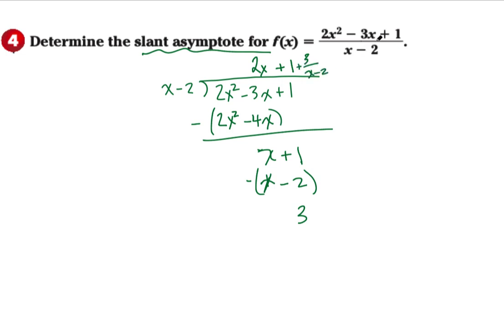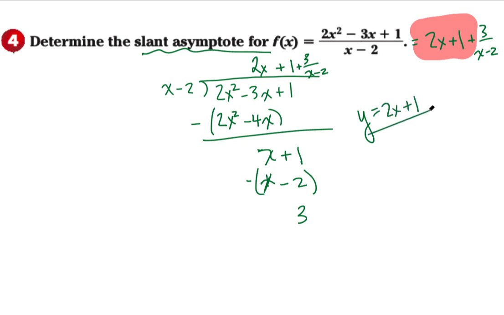So here's how I can write this same answer. I can write this as 2x plus 1 plus 3 over x minus 2. So you're still asking, where is that slant asymptote? And here it is. This equation of y is equal to 2x plus 1 is the linear equation that is the slant asymptote.